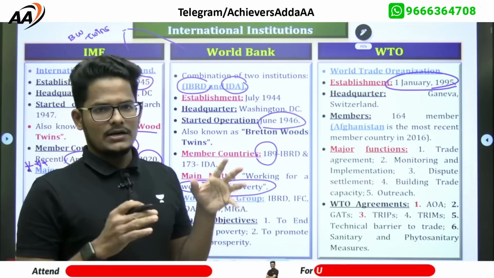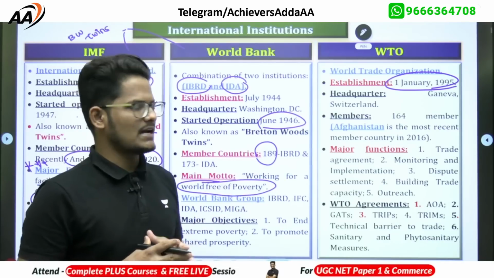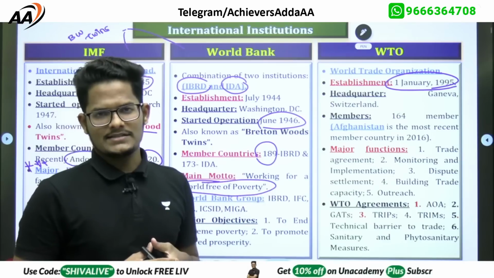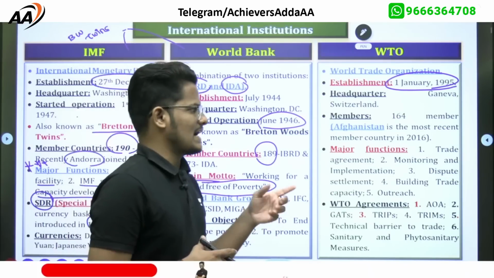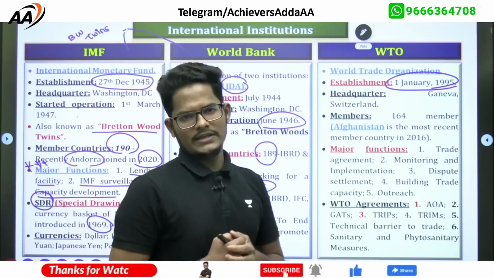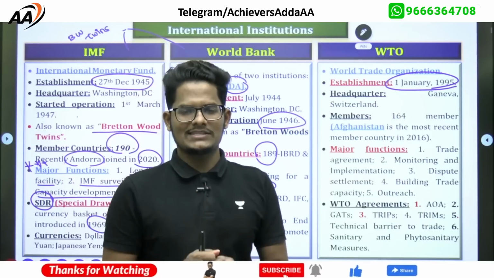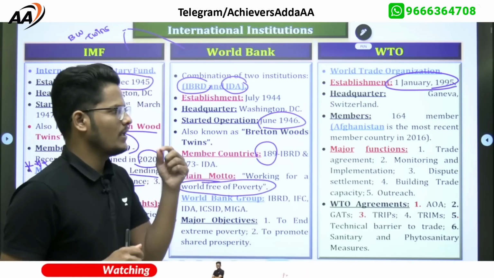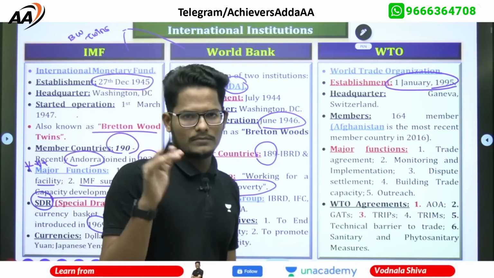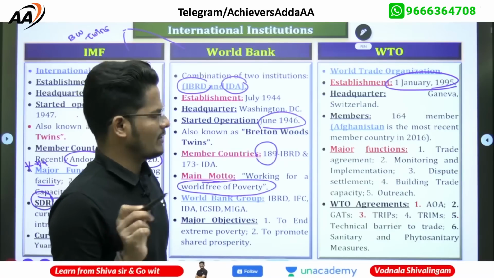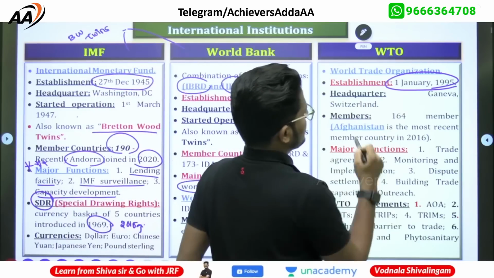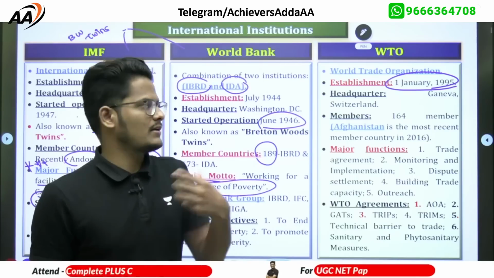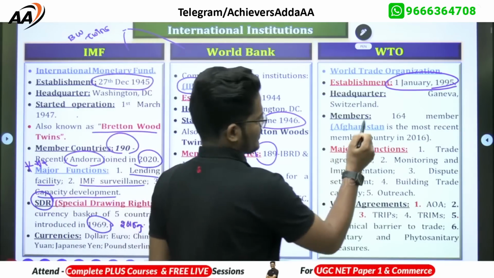It existed until 1st January 1995. Discussions started in the Uruguay round, the 8th round, from 1986 to 1994, with continuous negotiations. In the final round in 1994, the conversion of GATT into WTO was made, and the WTO came into picture to replace GATT.